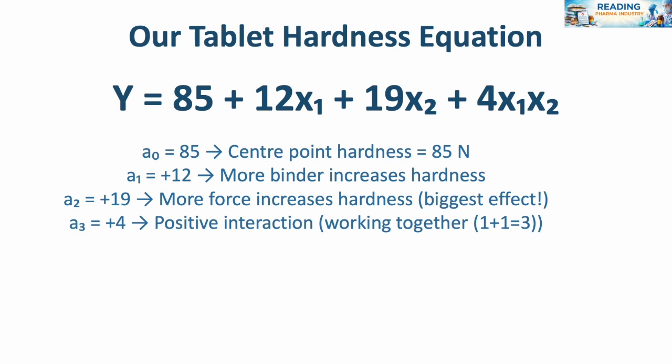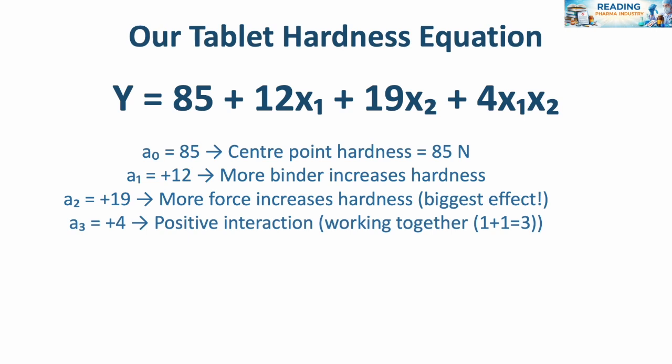Say, for example, you've done your tablet hardness experiments and you ended up with this equation. So you'll see y equals 85 plus 12x1 plus 19x2 plus 4x1 x2. And the a0 here refers to the center point or the starting point of your formulation. And then anything which deviates from that value is basically the impact of different variables.